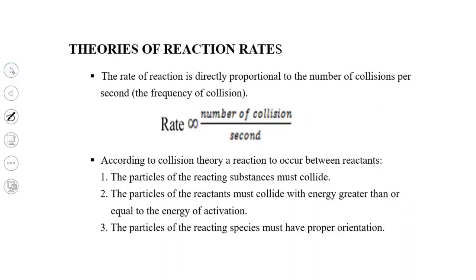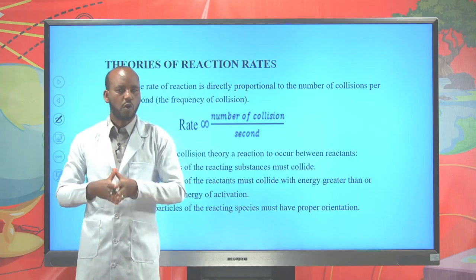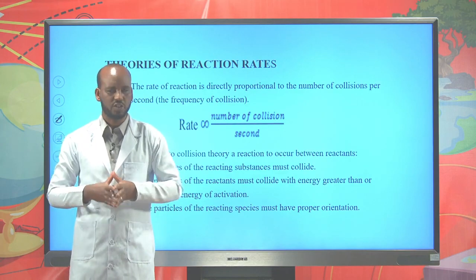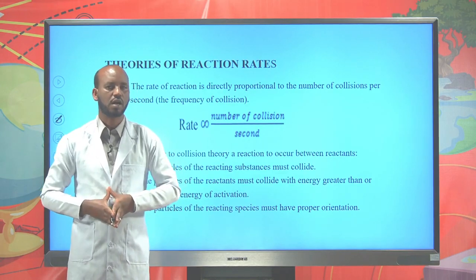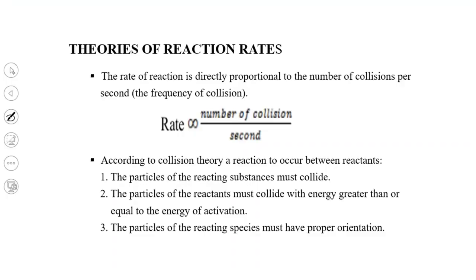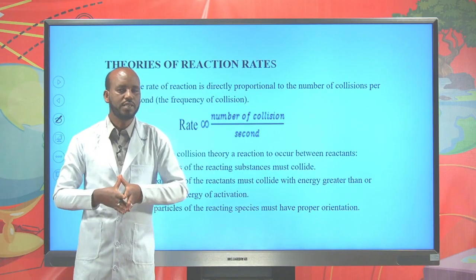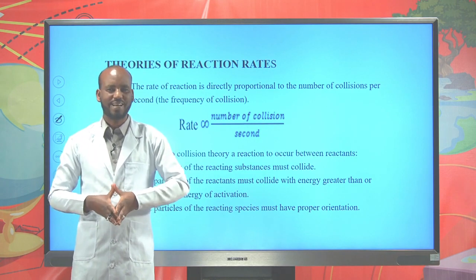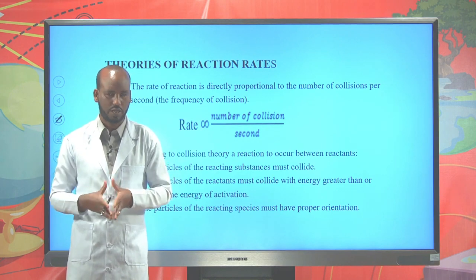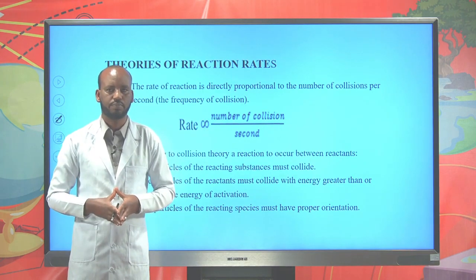Theories of reaction rates. The two important theories of reaction rates which help us to understand rate of the reaction are collision theory and transition state theory. Now, the rate of reaction is directly proportional to the number of collisions per second or the frequency of collision. According to collision theory, in order for the reaction to take place, there must be collision between reacting particles.